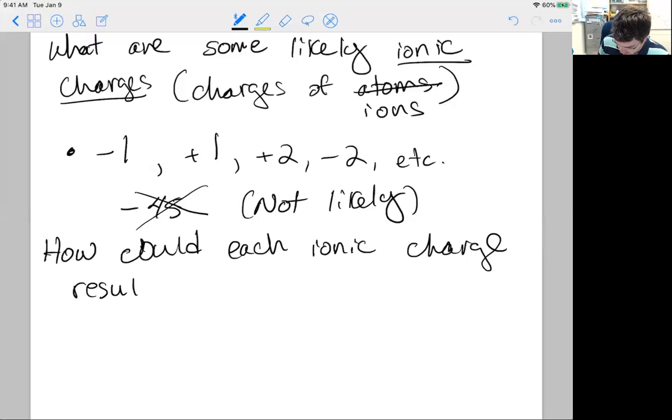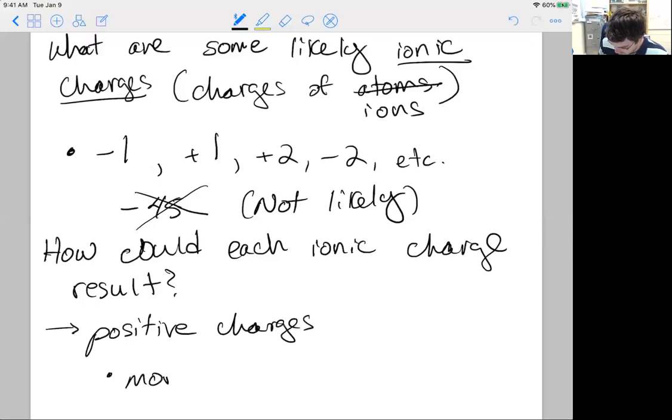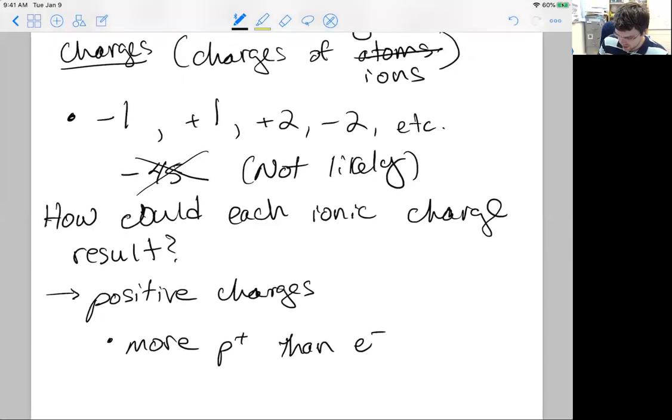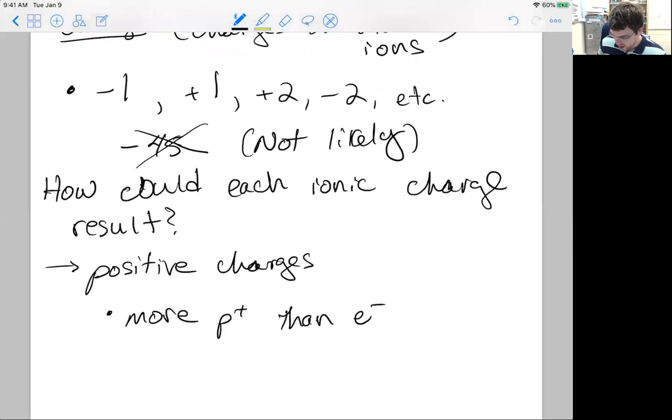Okay, so how could each of these types of charged states result? How could each ionic charge result? What we would need for positive charges to form is we would need more protons than electrons. More protons than electrons. Now, whenever we have ions that are positively charged, we call them cations, and that's an important term.